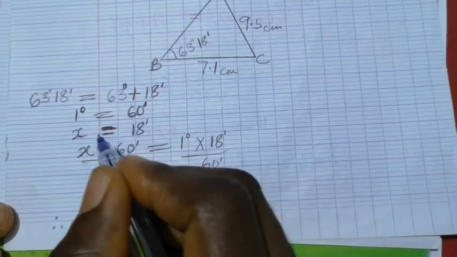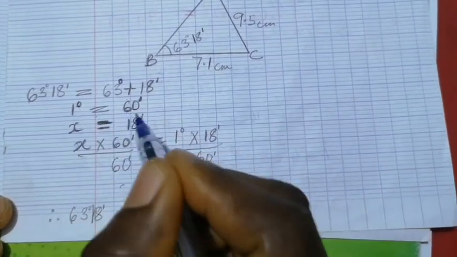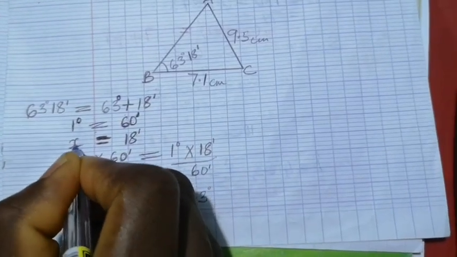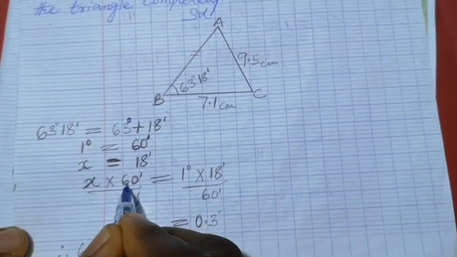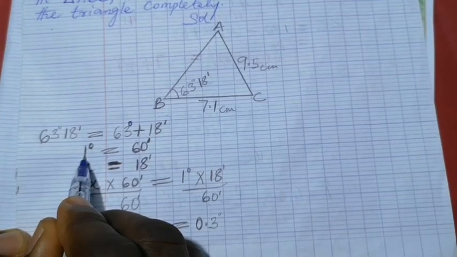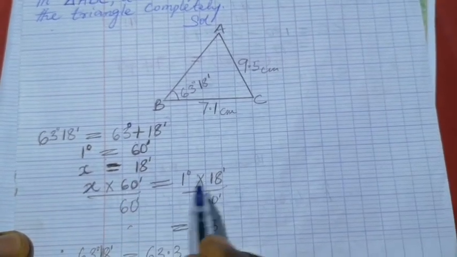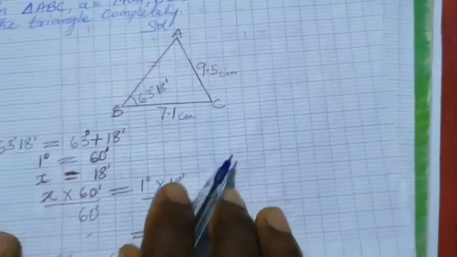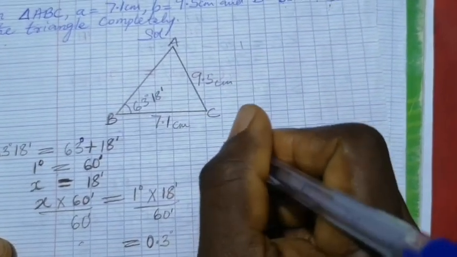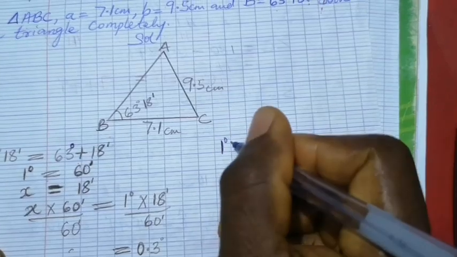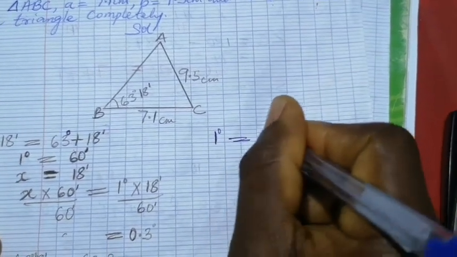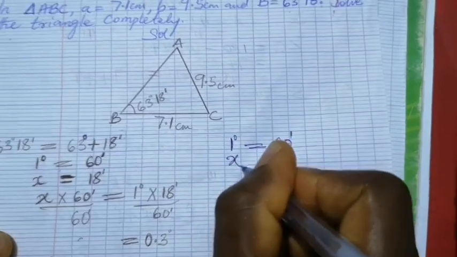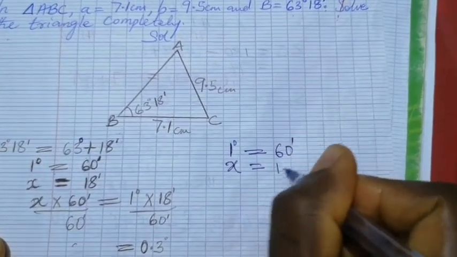Okay, so we are going to cross multiply here. 60 times x is what we have here, and 1 degree times 18 radians is what we have here. Let me do it here. So what we have is 1 degree is equal to 60 radian, and x is equal to 18.